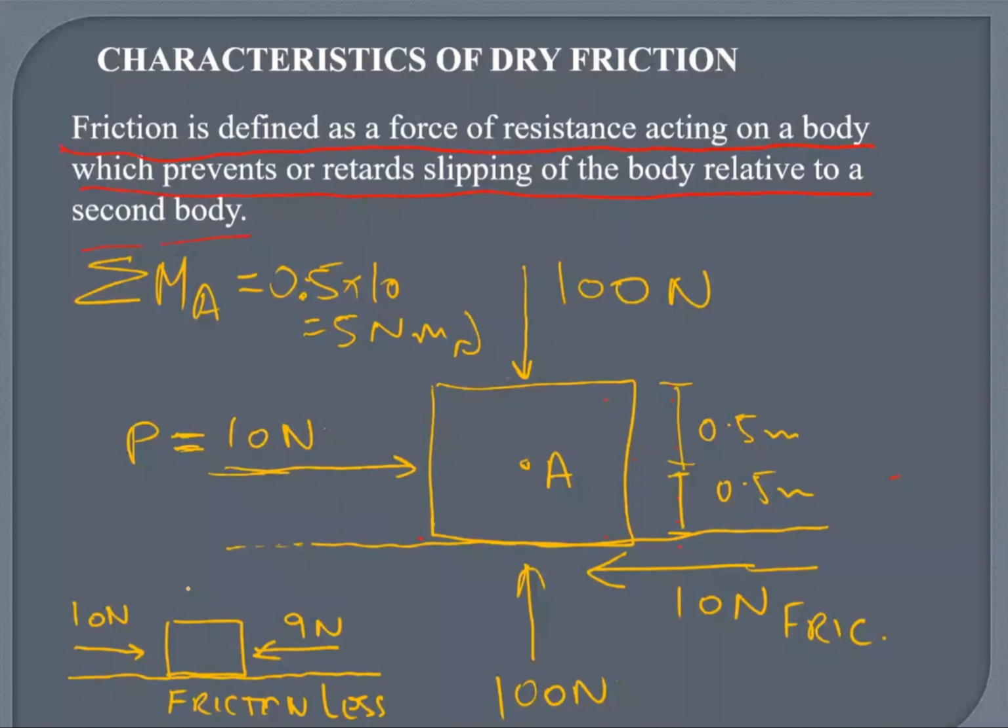Will the box move in this direction? Yes, sir, because you do the sum of all the forces along x, which is now 10 minus 9, which is 1 Newton, and the resultant is 1, so it moves.